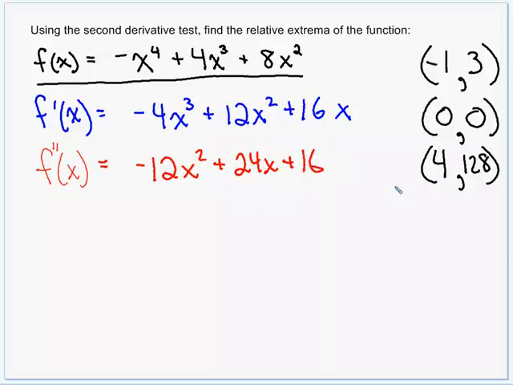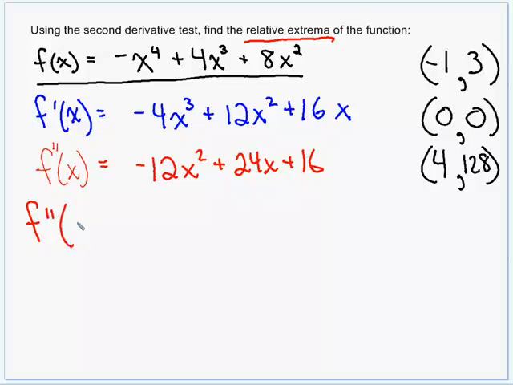Now we're not going to set this equal to 0, factor it, anything like that. Remember, when we set the second derivative equal to 0, that gives us our intervals of concavity. And we're not interested in that now. Remember, we just want to find the relative extrema. So we plug the x values, our critical numbers here, into this second derivative.